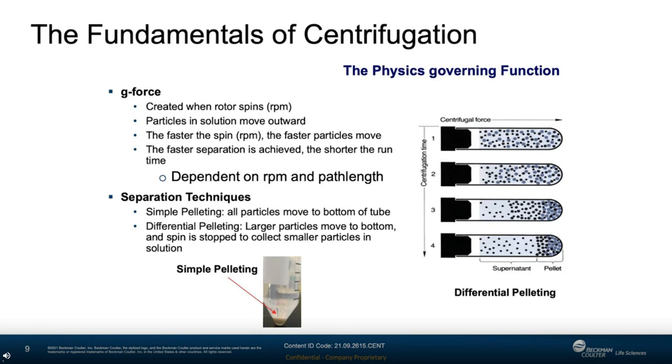Note the picture of the conical tube with cells collected at the bottom using simple pelleting. And note the diagram at the right showing 4 time points during the run, leading to time number 4, where the run is stopped in order to collect the smallest fraction still in solution, which has been separated from the larger fractions which have pelleted.